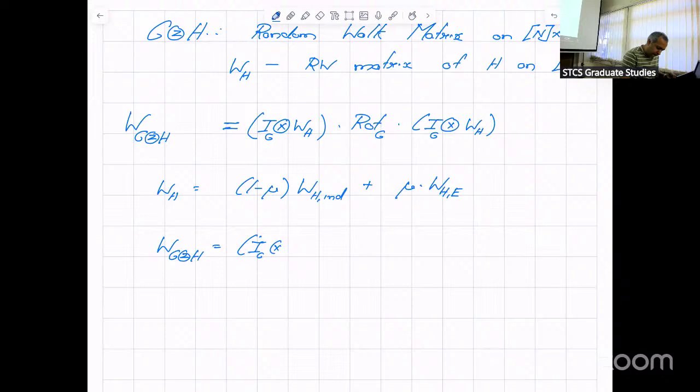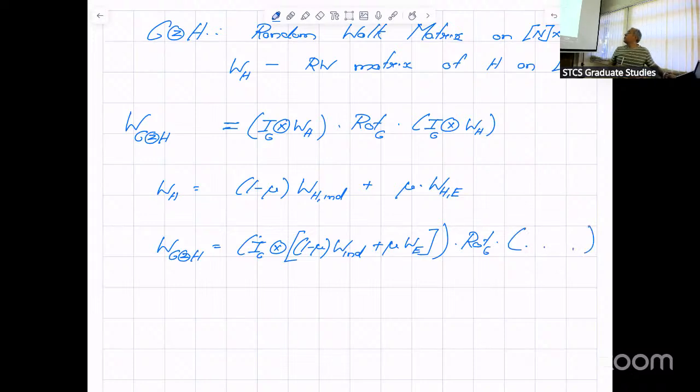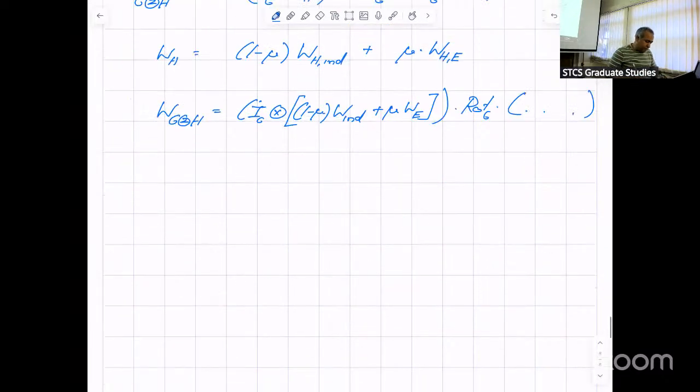I G tensor 1 minus mu. I'm going to drop the H. The same thing all over again. What does this look like?